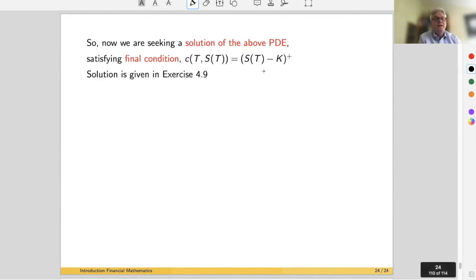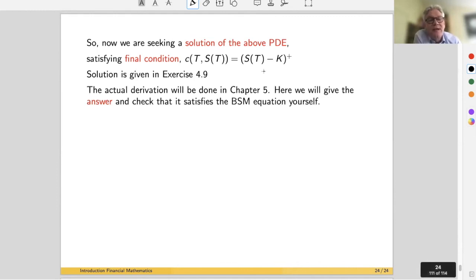Now the solution is given in exercise 4.9, and that will be discussed later this week. But the derivation will be done in more detail in chapter 5. And here we will just give the answer, and you can check yourself that it satisfies the Black-Scholes-Merton equation. If we have a solution, it should satisfy the equation.